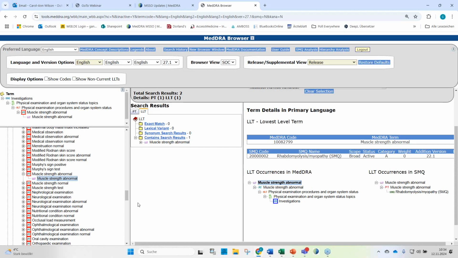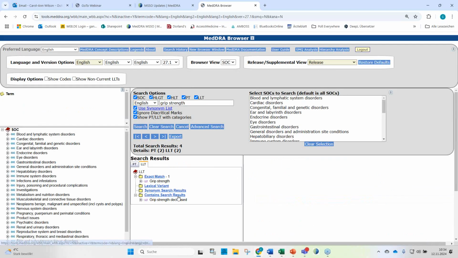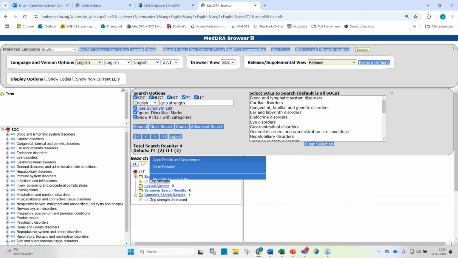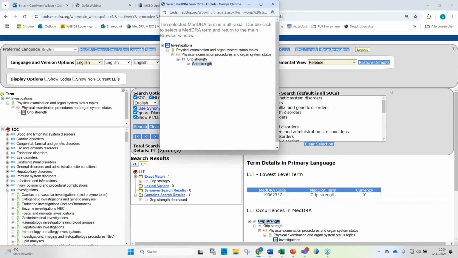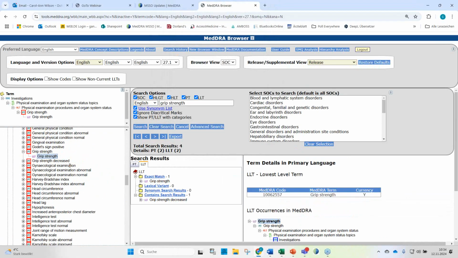It was a feeling of the patient. So this one would not be appropriate. And the same actually holds true for the grip strength. If I search for it, so grip strength, go to browser. Again, it's in investigations. And here it is, grip strength decreased. But again, it was not reported that this was a test result. It was a feeling of the patient.